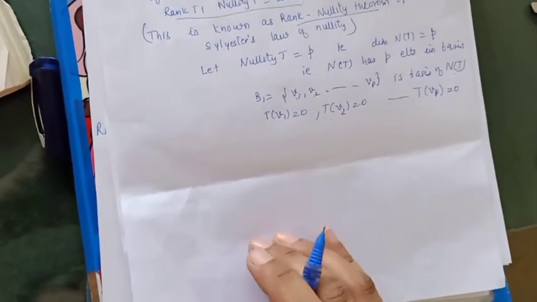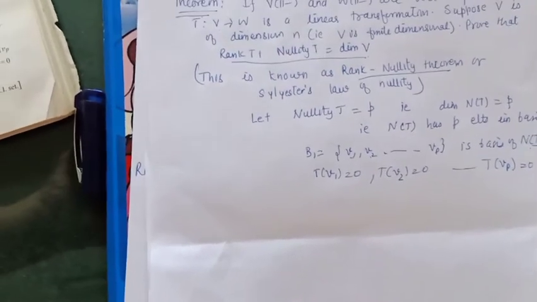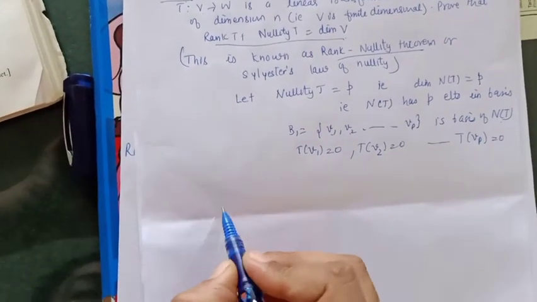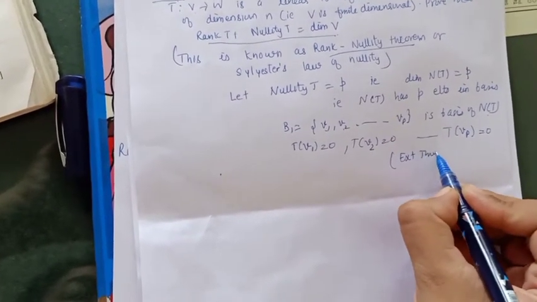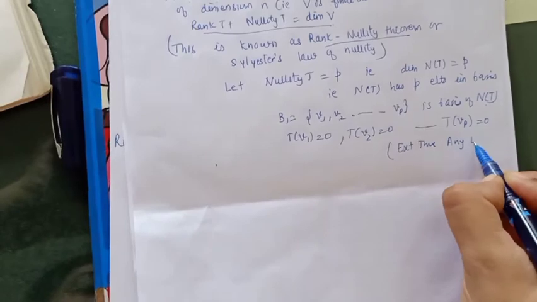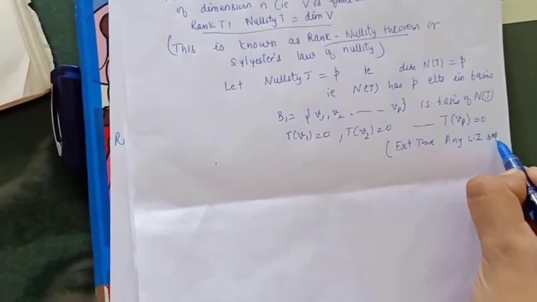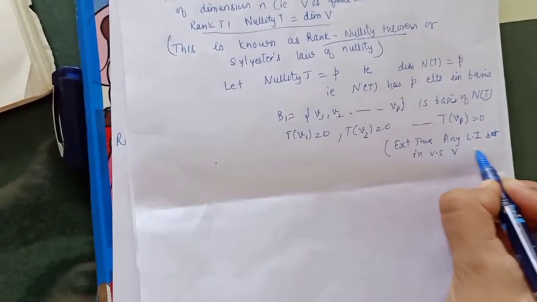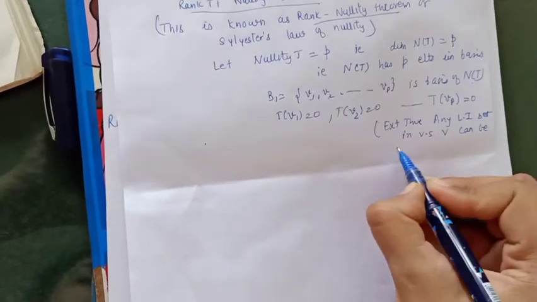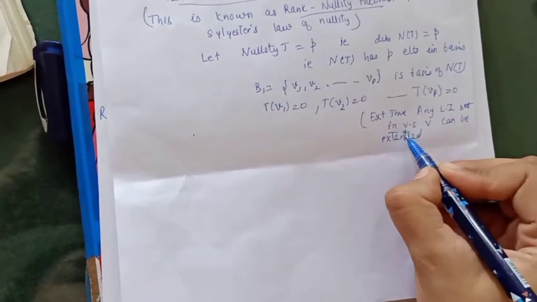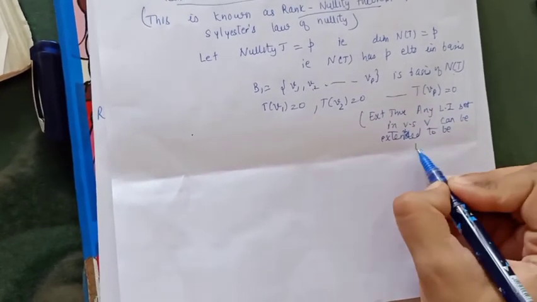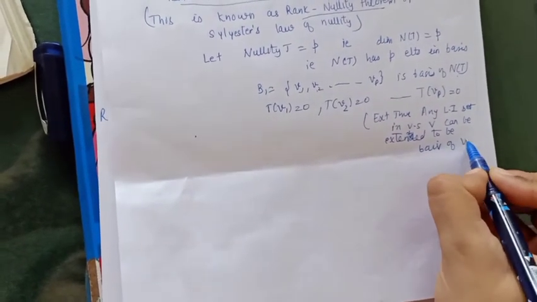Now recall the extension theorem that we have studied earlier. What was that? It stated that any linearly independent set in a vector space V can be extended to be a basis of V. Since B1 is a basis, it will be linearly independent.